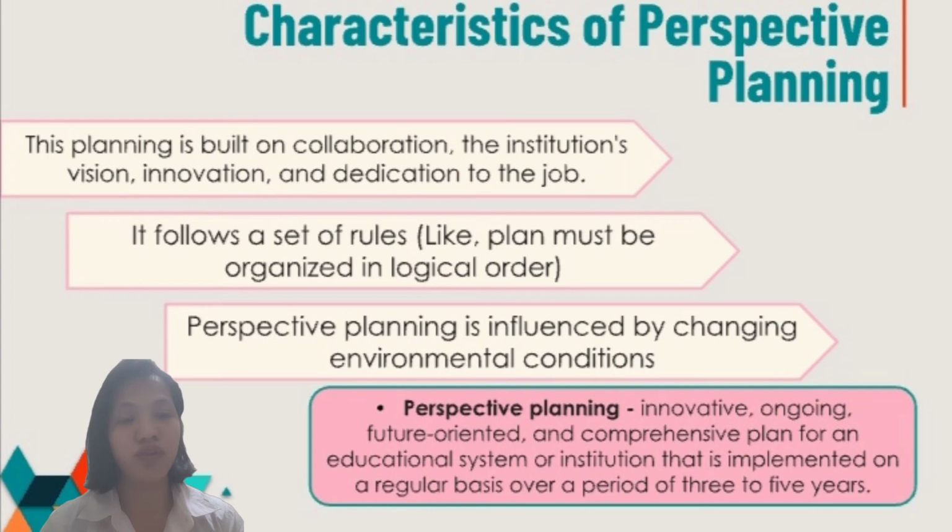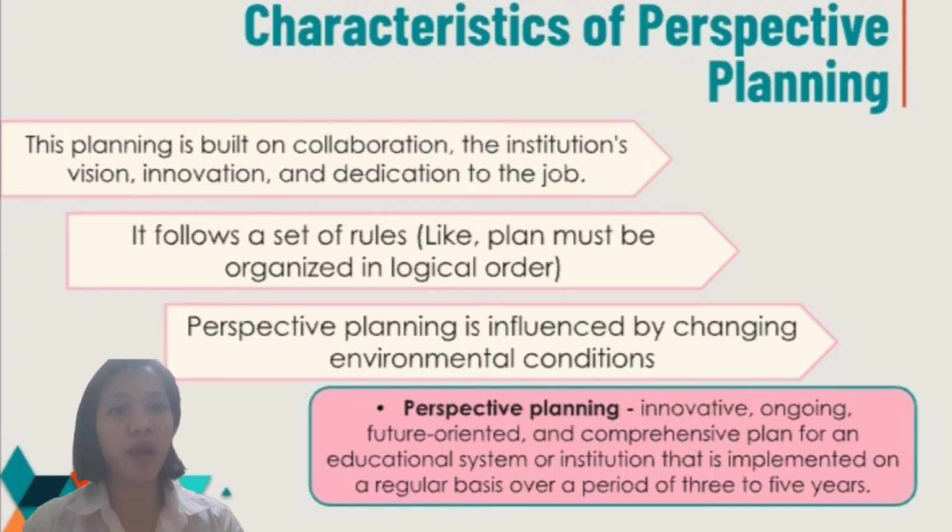For the last characteristic, perspective planning is influenced by changing environmental conditions. Because we live in a world where change is constant, plans must be made flexible, to adapt, or to be modified based on environmental conditions.